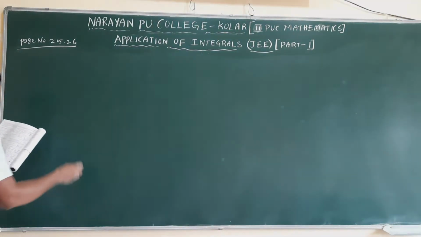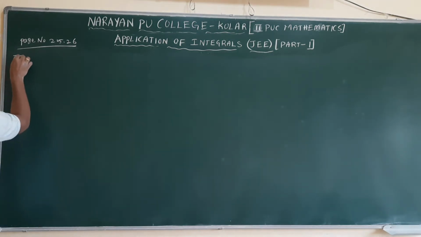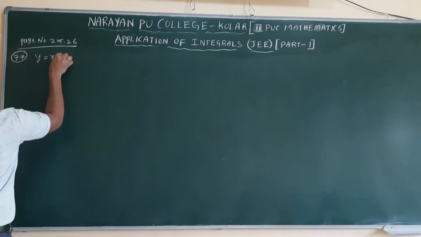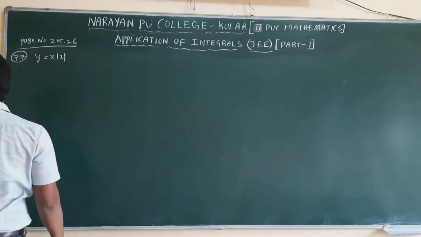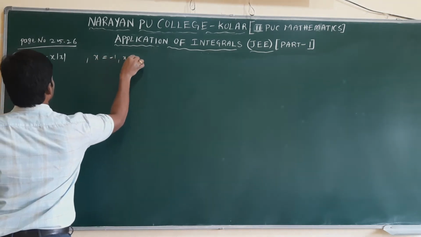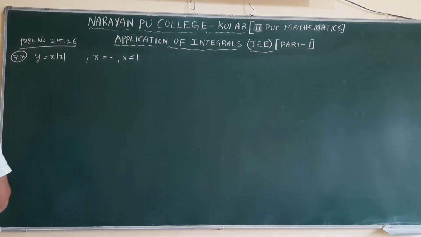Next question, question number 77. In 77, the area bounded by the curve y equals x mod x and the x-axis and ordinates minus 1 and 1. Actually, we did this already in a study class.